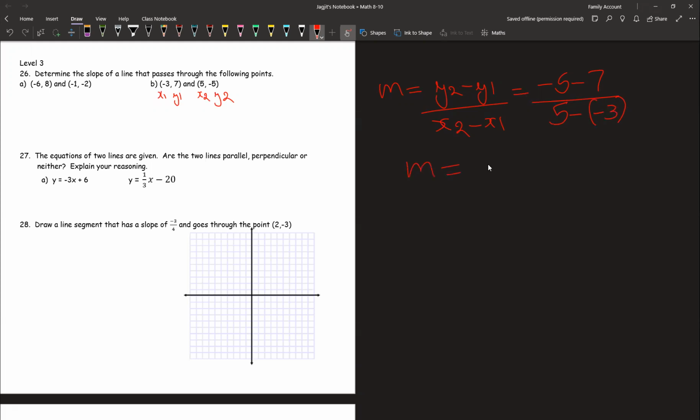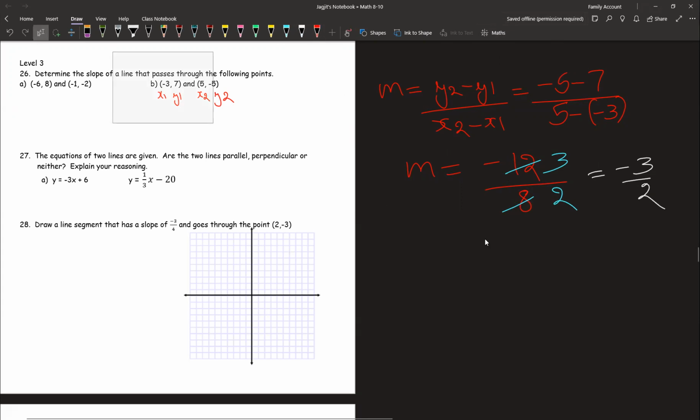Minus 5 minus 7 is minus 12. 5 plus 3 is 8. Both of those numbers can be divided by 4. Our slope is minus 3 over 2. Simple stuff.